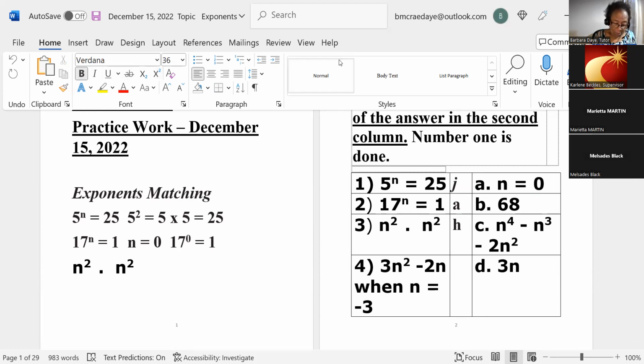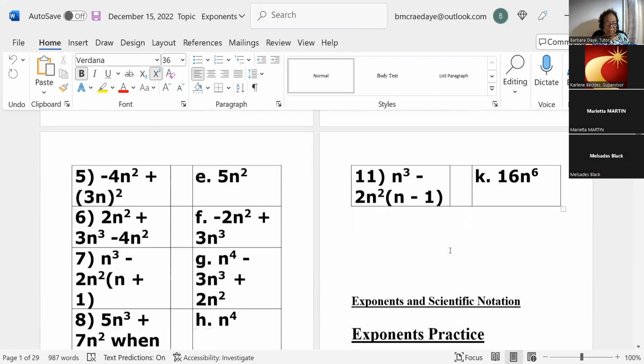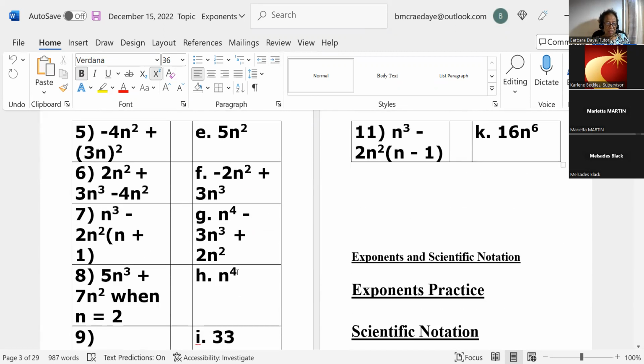So that would be equal to, the base is n, the powers are what? 2 plus 2, and that's how you get n to the fourth. So that would be equal to n to the fourth power. Let's put our 4 there in the power. And we looked in our table and found n to the fourth was H. Let's go back there again. Yes, H, n to the fourth.